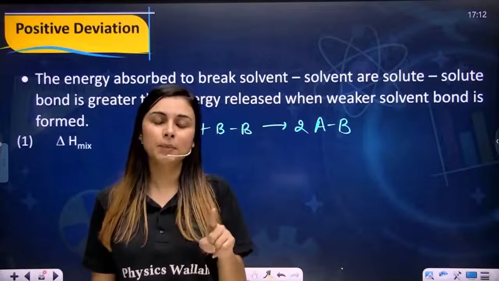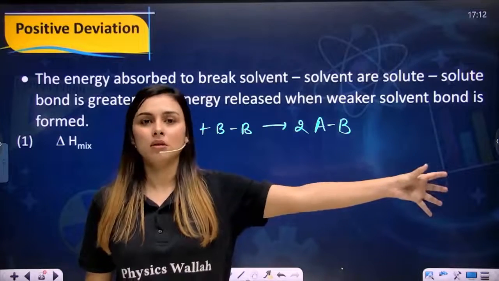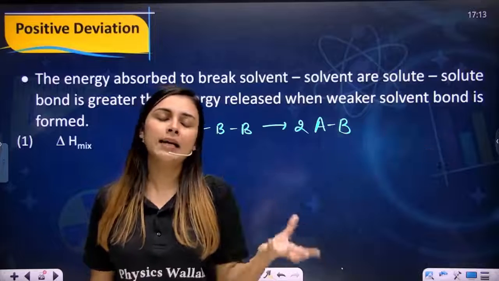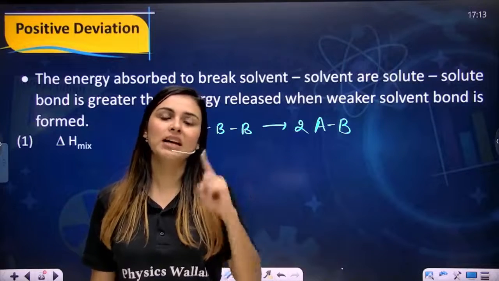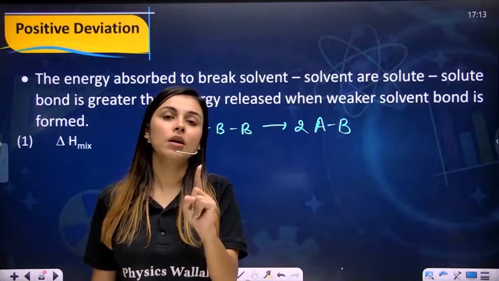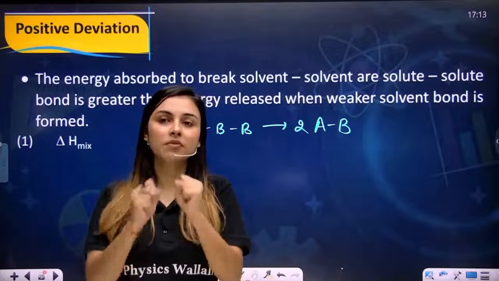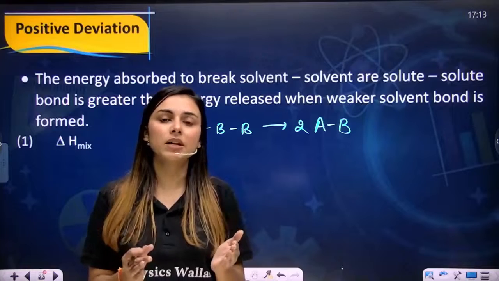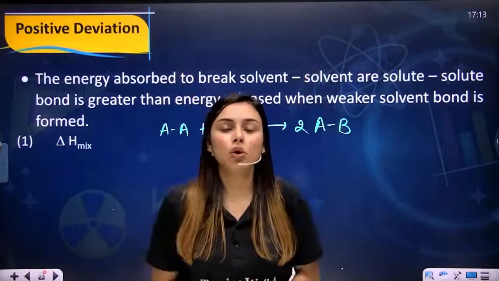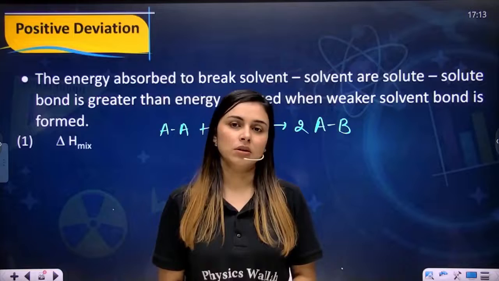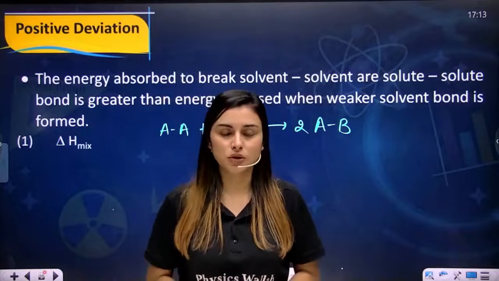If the vapor pressure comes out to be more than that calculated from Raoult's law, this means that after mixing the interactions became weaker. Since the interactions were weaker, more of the particles got into vapor form and there was more vapor pressure.